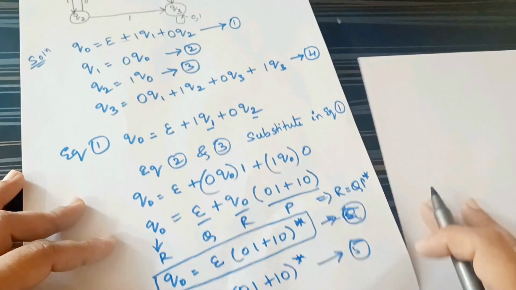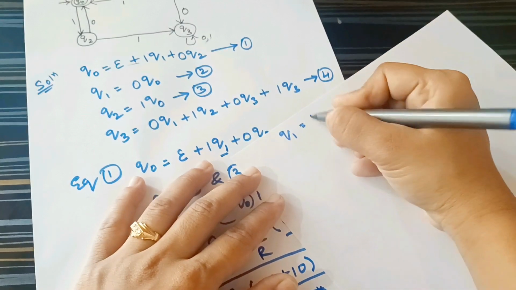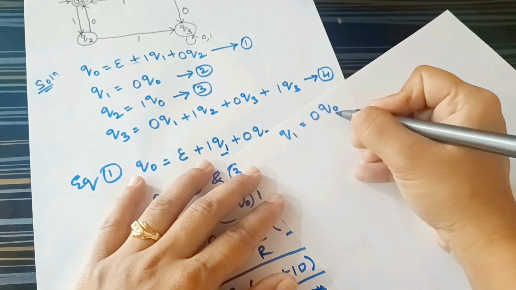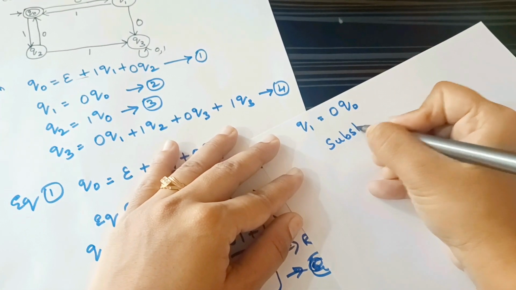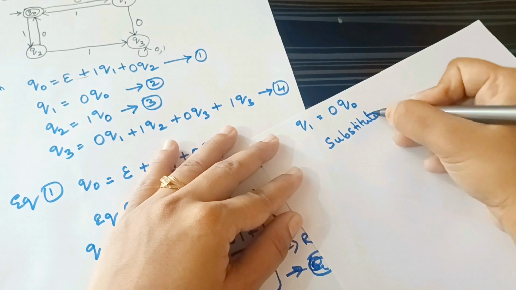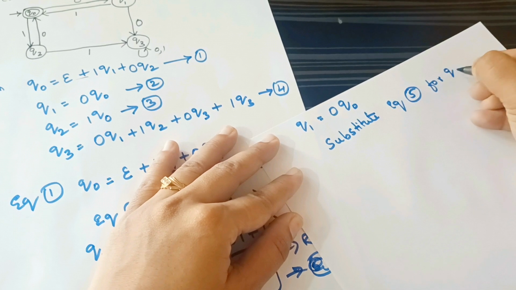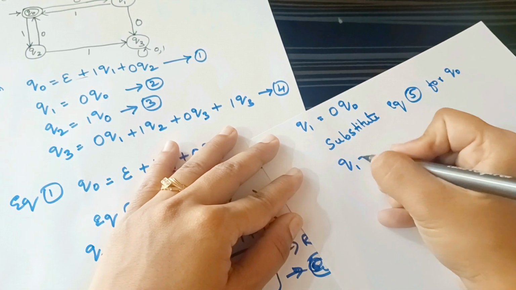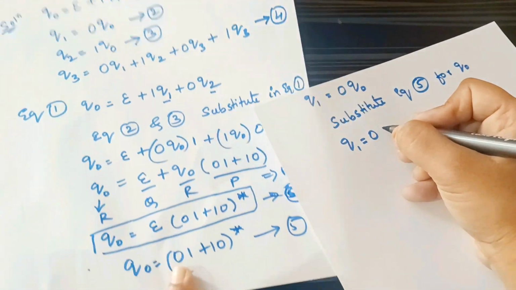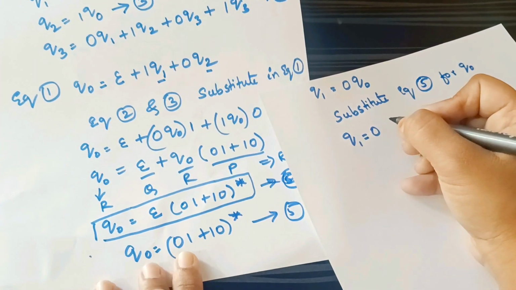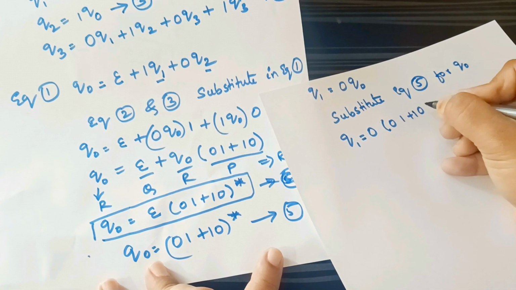Next we take equation 2, that is 0 into Q0, and in place of Q0 we substitute equation 5. So we'll get Q1 is equal to 0 into the value we substituted, 0 into (0 1 plus 1 0) whole closure.